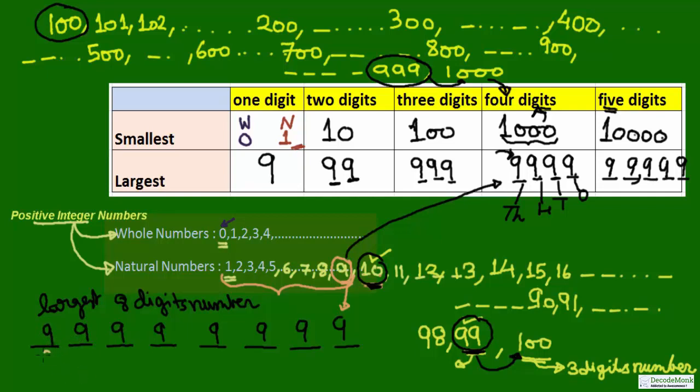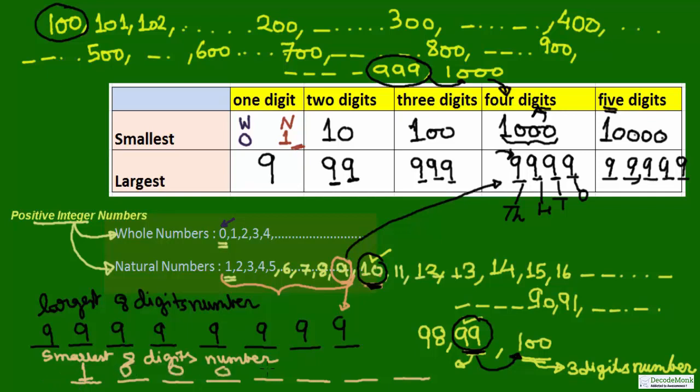Similarly, if you are asked to write down the smallest 8-digit number, then first you have to make 8 places: 1, 2, 3, 4, 5, 6, 7, and 8. Put 1 in the largest value place and then put 0 in all the other places to make this an 8-digit number, because 0 is the smallest number we can put, and we have to put 1 in the highest order place so as to make this a number.